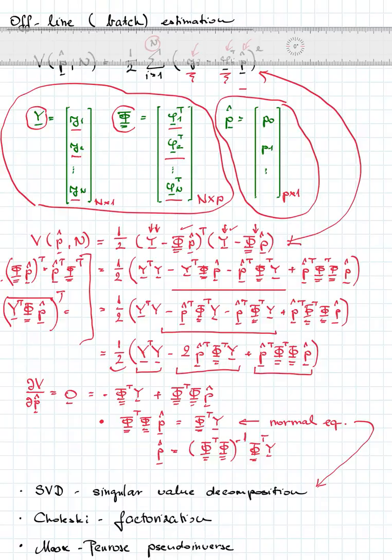Okay, one note here: this is the first, this is the second. These are algebraically equivalent, but in many cases it's much better to use the first one, the normal equation, because there are more possibilities to solve it. The inverse is sometimes numerically difficult to solve.